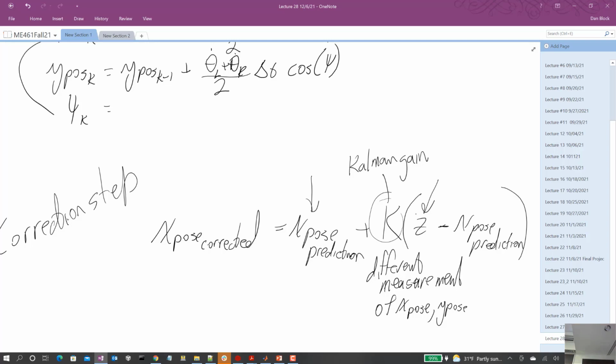The other neat thing about this, and we're going to get into more of an example, is that you usually do your prediction step at a certain sample period, every 4 milliseconds, every 1 millisecond, whatever. With the Segbot balancing, we're doing the Kalman filter every 1 millisecond. But this correction step doesn't have to happen at the same rate as your prediction step. It's whenever you get new information.